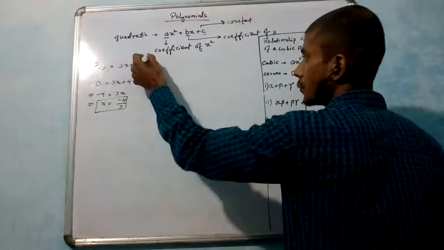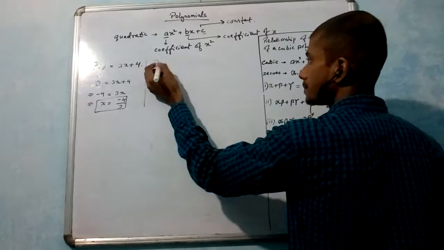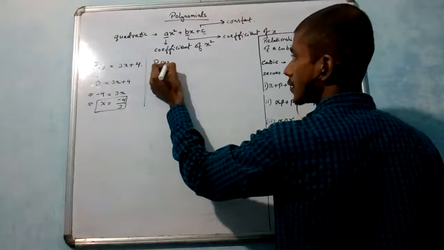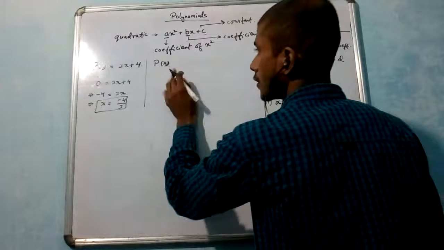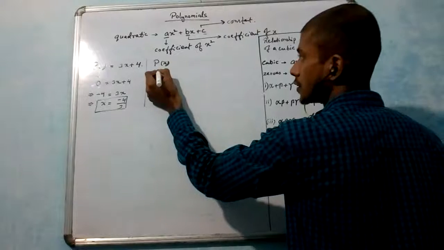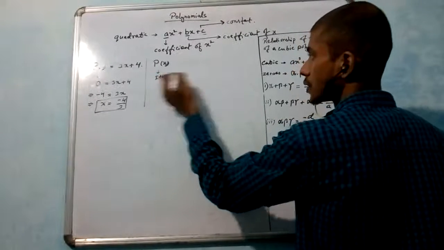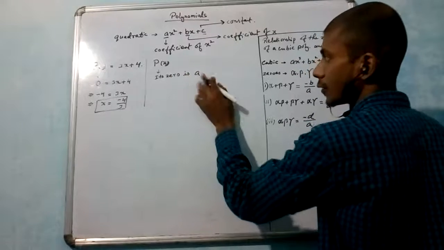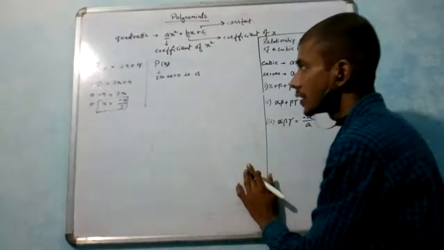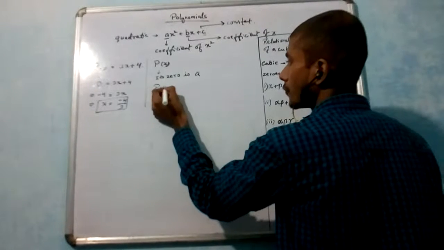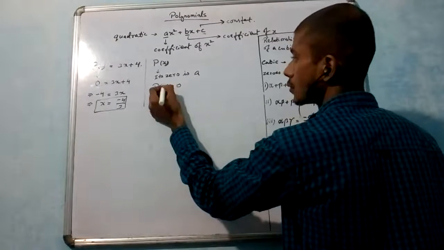So if we have a polynomial p of x, and suppose one of the zeros is a, anything, we don't know, then can we write p of a is equal to 0?